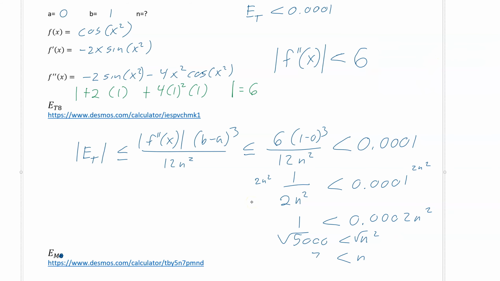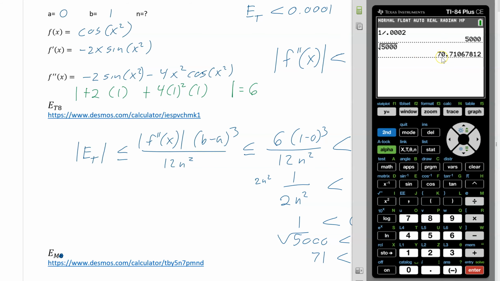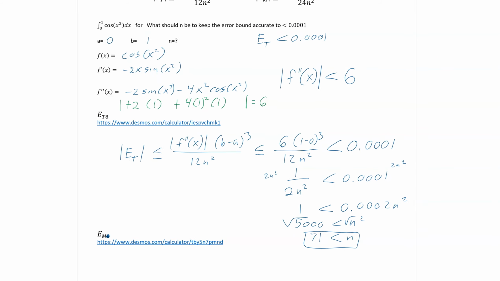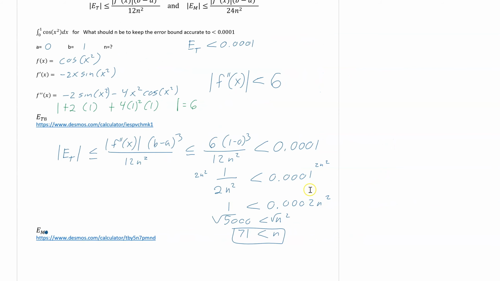So our n must be greater than 70.71. You can't use n of 70, 70 would not work, so it has to be 71, because we have to go bigger than this number. So we need to do 71 subintervals here in order to get an accuracy of 0.00001.